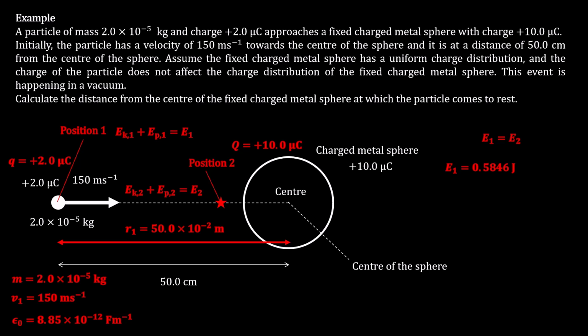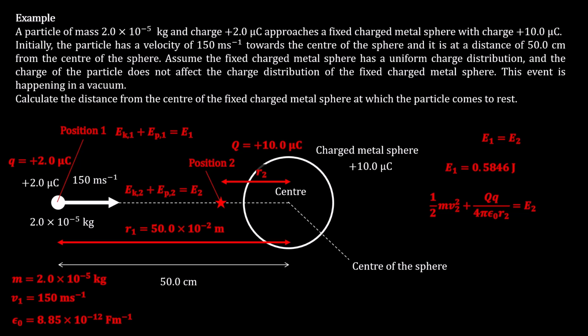Then we calculate E2, which is simply E2 = ½mv2² + Qq/(4πε0R2), where R2 is the distance of position 2, where the particle comes to rest, from the center of the metal sphere.